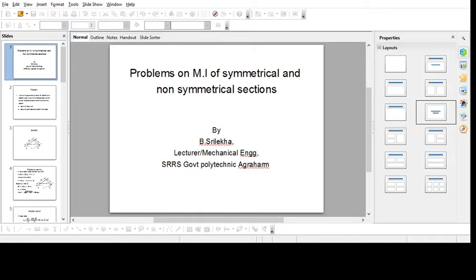Next, the moment of inertia about the base. We know that for a triangle, the moment of inertia is simply I_AB equal to BH cube by 12. This is a solid formula.